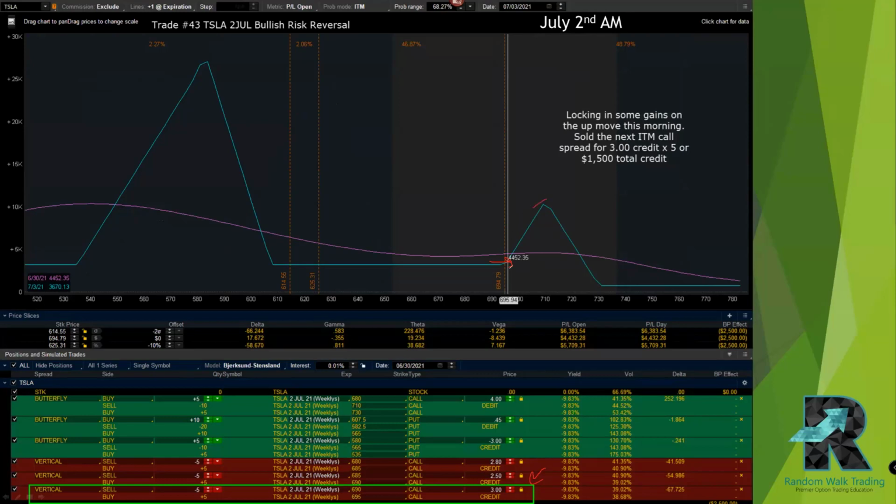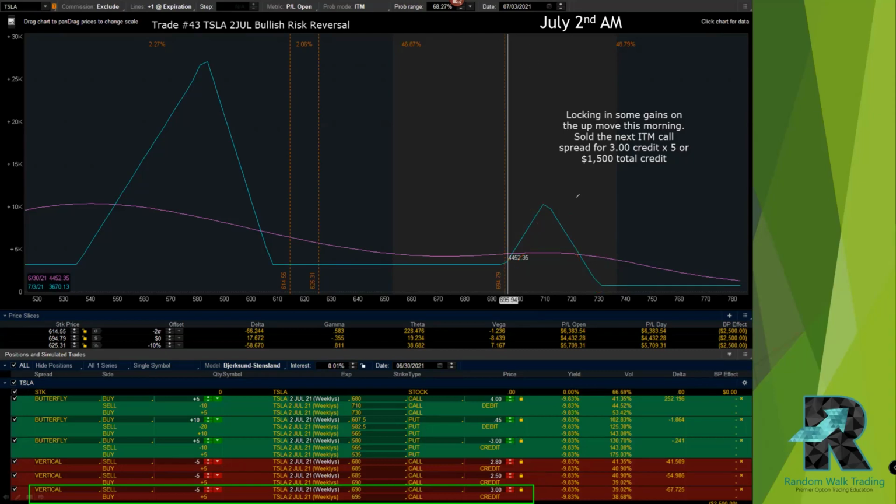So now this long vertical is shorter than this guy, because I keep selling these little 5-point verticals and collecting some premium. Now, in the perfect world, I'd like to get $4, but you get what the market gives you. So in the morning, we sold that for $3, and I was like, oh good, Tesla's going to run up, and it didn't in this case, but still, we locked in some money.